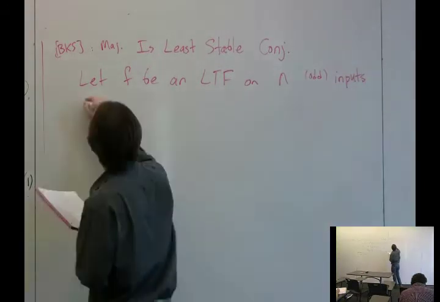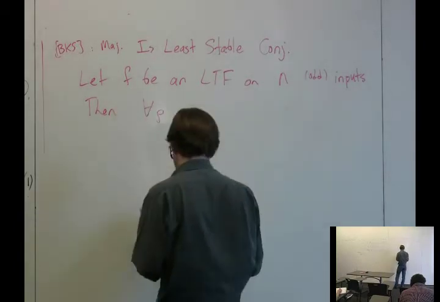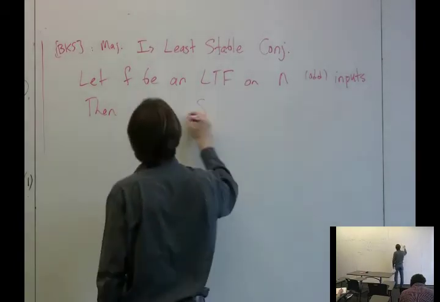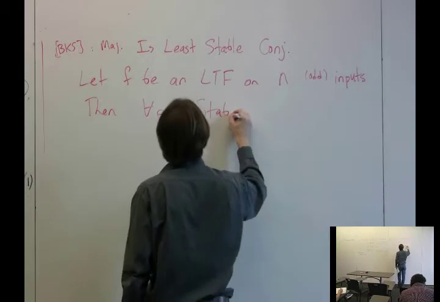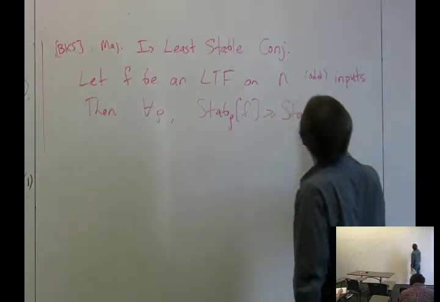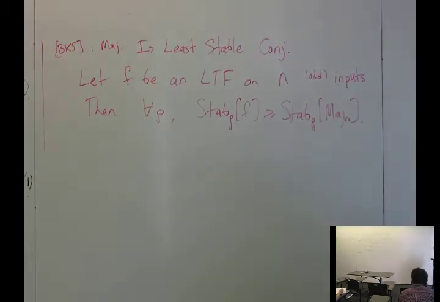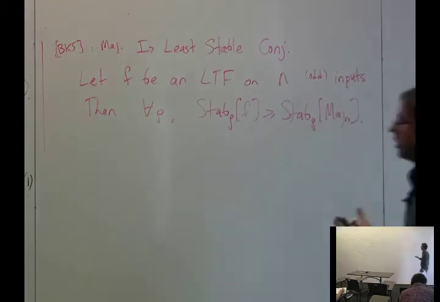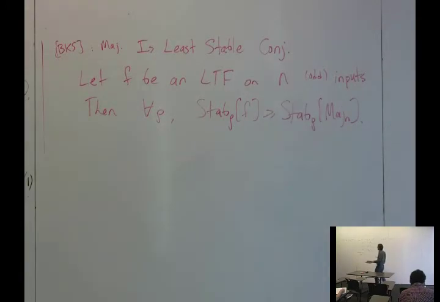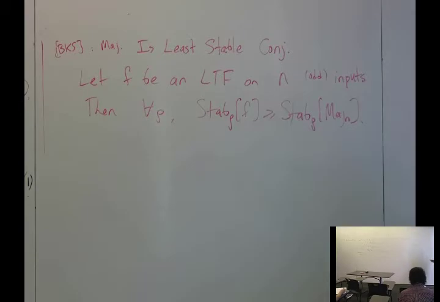Then for all rho, the noise stability at rho of f is at least that of majority. That seems very natural and expected. What else could the least noise stable LTF be but majority? But we do not know how to prove this.